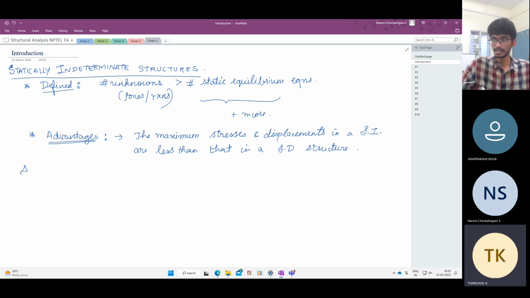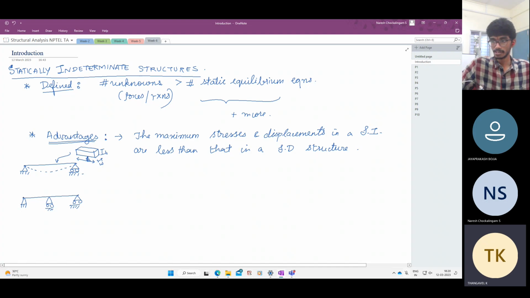For example, if you take a simply supported beam, it's going to deflect something like this. Suppose the beam has length L, width W, and height H. This is a statically determinate structure, but the same beam, if you put an intermediate support like this, it's going to deflect like this.